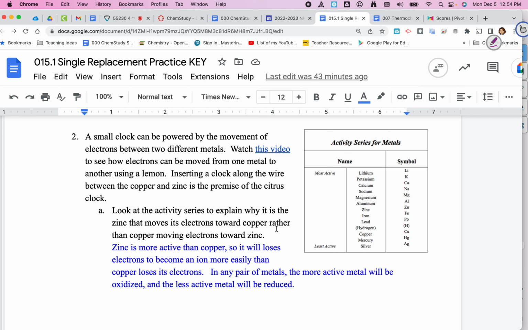And it's because the zinc is more active than the copper, so it will lose the electrons to become an ion more easily than copper loses its electrons. And in any pair of metals, the more active element will be oxidized, the less active metal will be reduced. So in order to be oxidized, those electrons have to leave zinc and go in the direction of the copper.